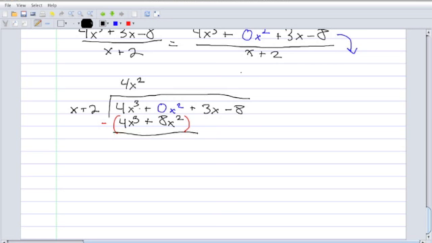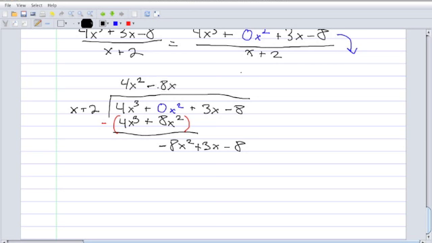Alright, so 4x cubed minus 4x cubed is 0. 0 minus 8x squared is a negative 8x squared. Bring everything else down. Okay. So now I'm just looking at this first term again. This negative 8x squared divided by x gives me negative 8x.